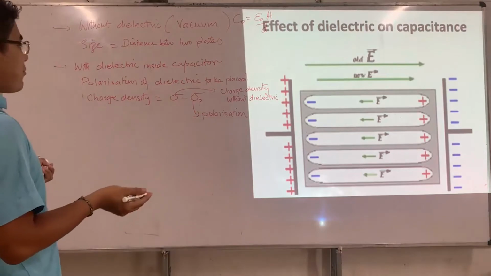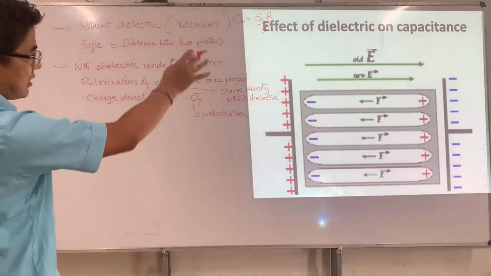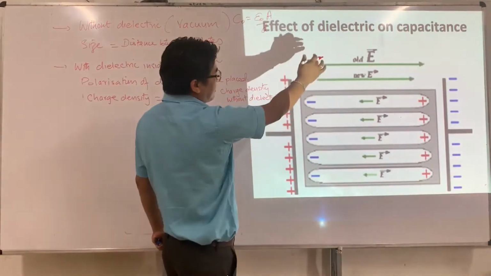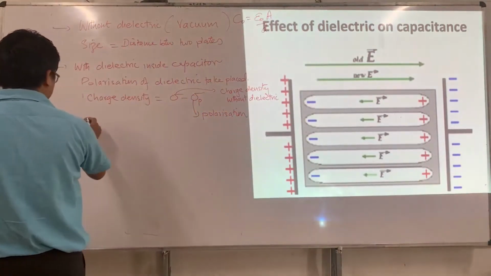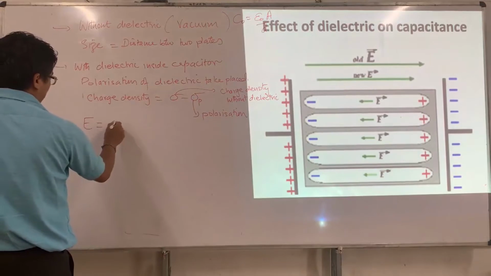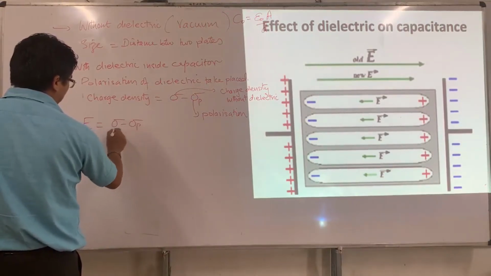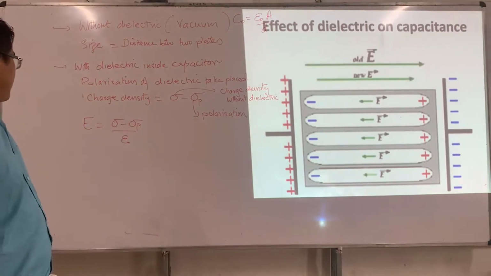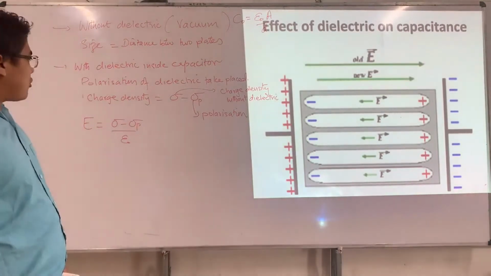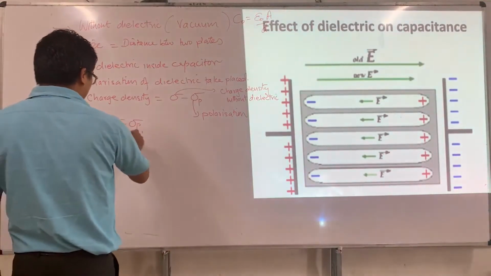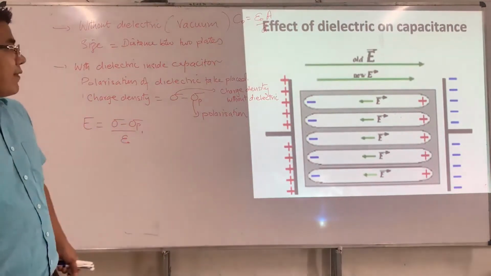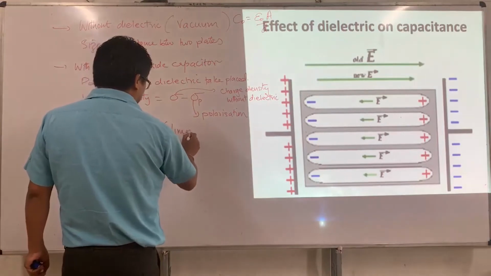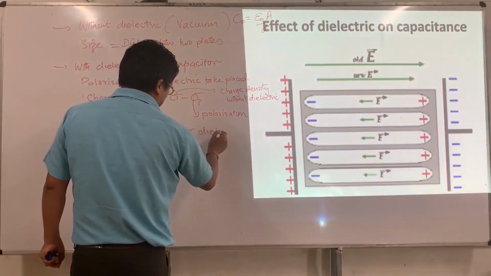Now what about the electric field inside the capacitor? The electric field inside the capacitor would now be equal to sigma minus sigma p divided by epsilon naught. Now the electric field is going to reduce. We are going to choose linear dielectrics.